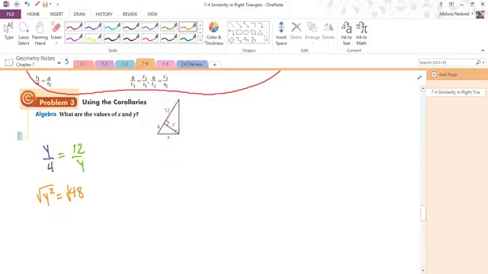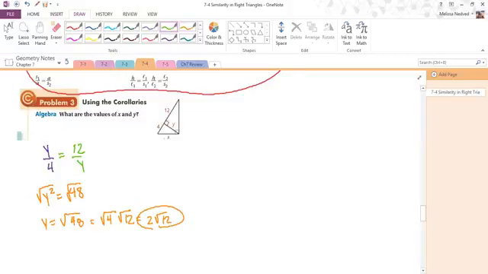Square root both sides to get y by itself, so y is equal to the square root of 48. And again, 48 is not a perfect square, but we do have a factor that is a perfect square, and that's the value 4, so we can rewrite this as the square root of 4 times the square root of 12, which gives us 2 times the square root of 12. So y has a value of 2 root 12.